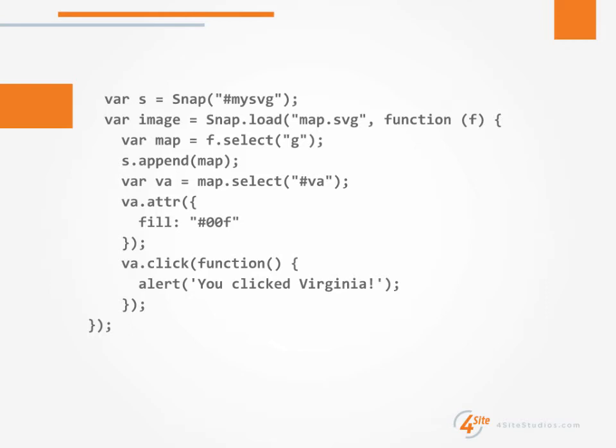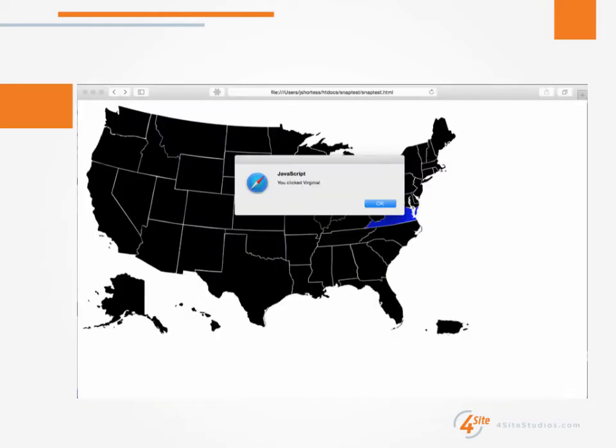So I can just say, VA equals map select with the ID of VA, and now I can fill it and make Virginia blue. And I'm also going to add a click handler. And if we were to do that, we would get something like this. So we get a blue Virginia and a pop-up.